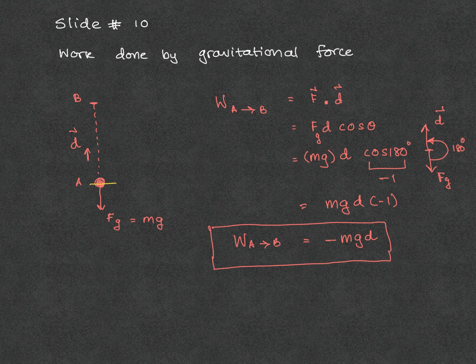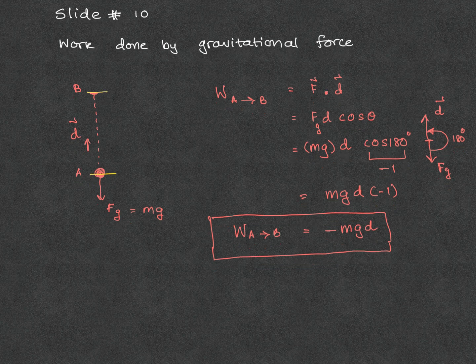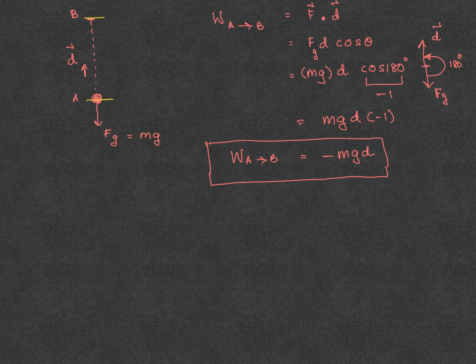And then we are looking at the situation going from B to A. So let me mark B first and then A, and the same object. Now the gravitational force is marked downward, and the displacement is also in the downward direction.